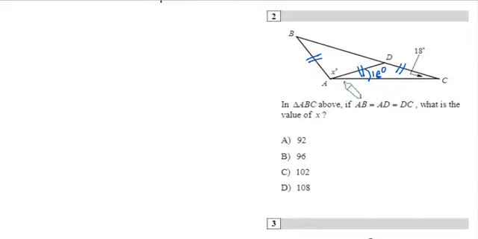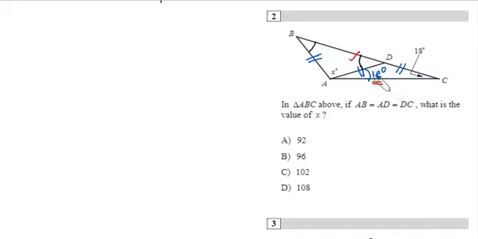Now we can see here these two sides are also equal, so this angle must be equal to this angle. In triangle ADC, this is an external angle, and it will be equal to the sum of the two remote interior angles, as we have recently learnt in the theorem.